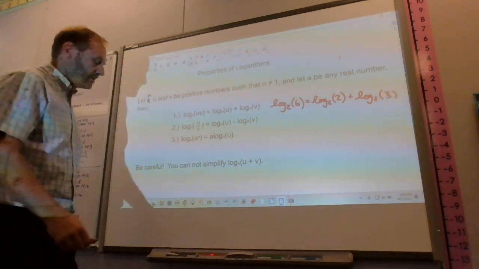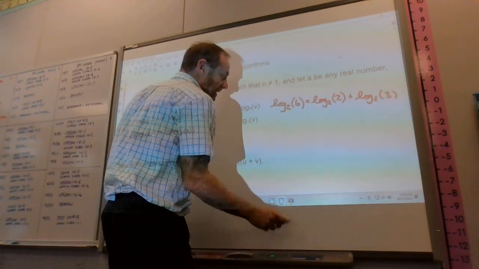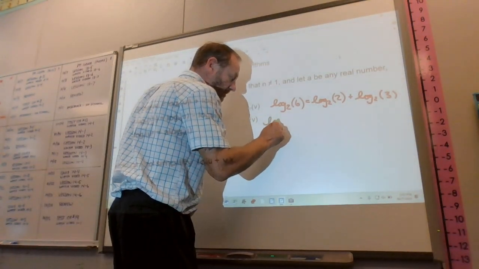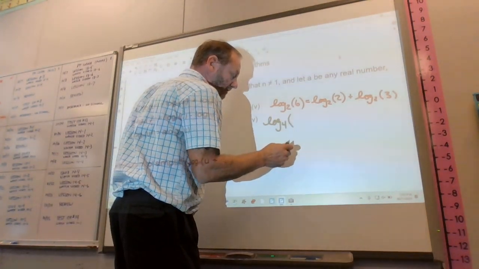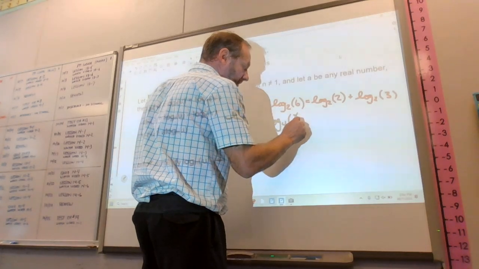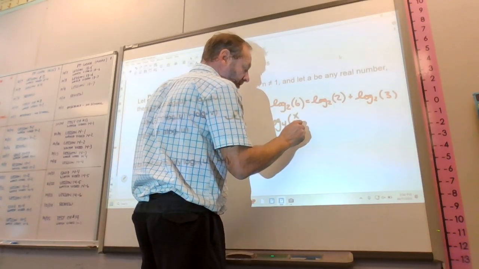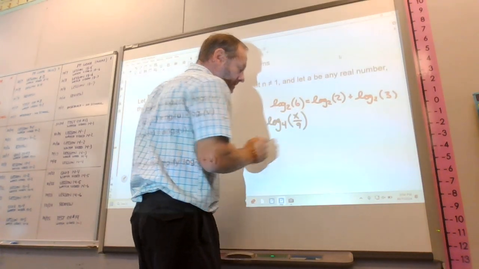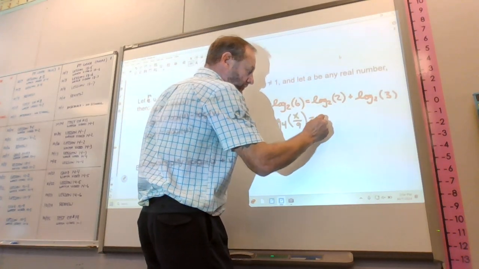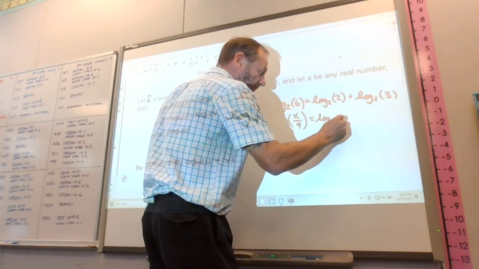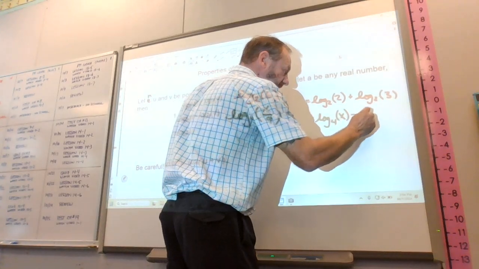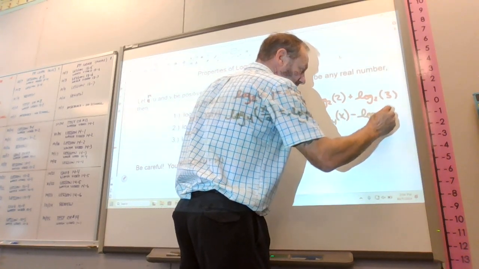Likewise, if I had the log base 4 of x over 9, that would be equal to the log base 4 of x minus the log base 4 of 9.